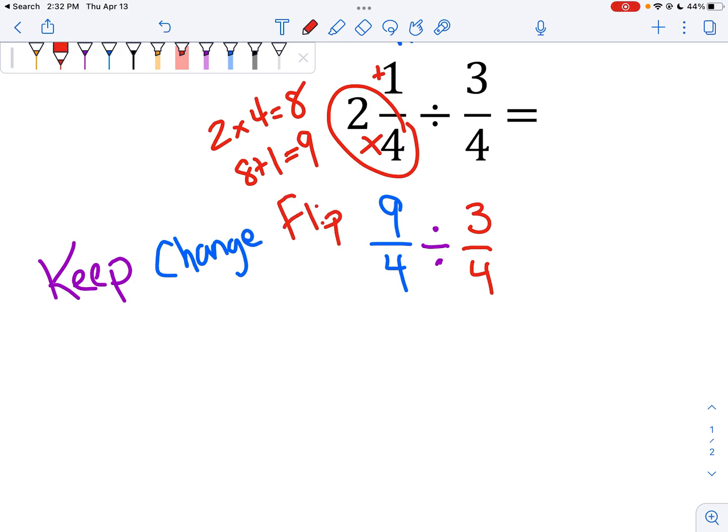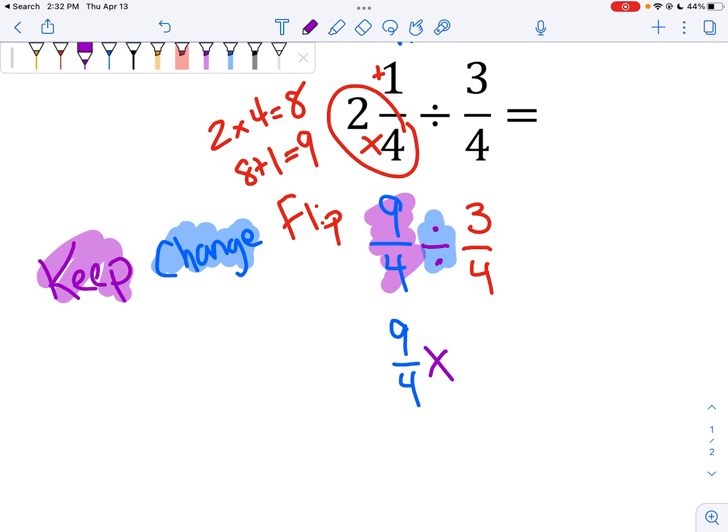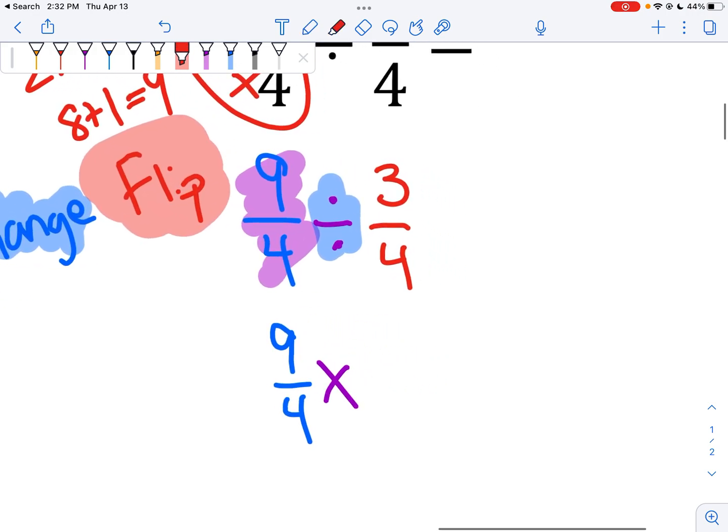So that's what we're going to do with this problem. The very first one says keep. We're going to keep 9/4 the way it is. Then we're going to change the operation. It was division, change it to multiplication. And then we need to flip or use the reciprocal of this last fraction.